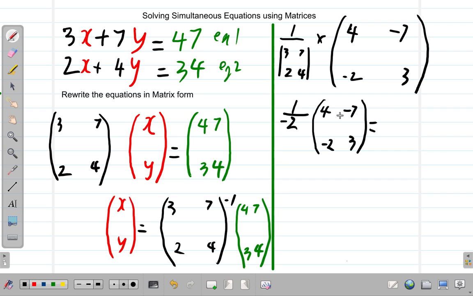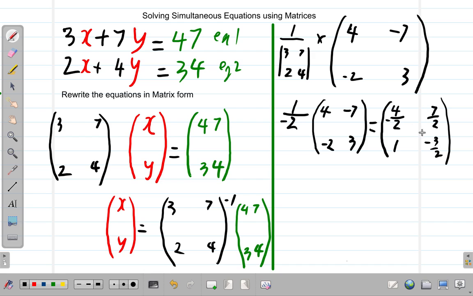We're going to multiply -½ by each item inside the bracket. -½ by 4 is 4 over negative 2. Negative 7 times negative half is positive 7 over 2. Negative 2 by negative half is a positive 1. And then negative half by 3 is negative 3 over 2. Alright, so that's what you have.